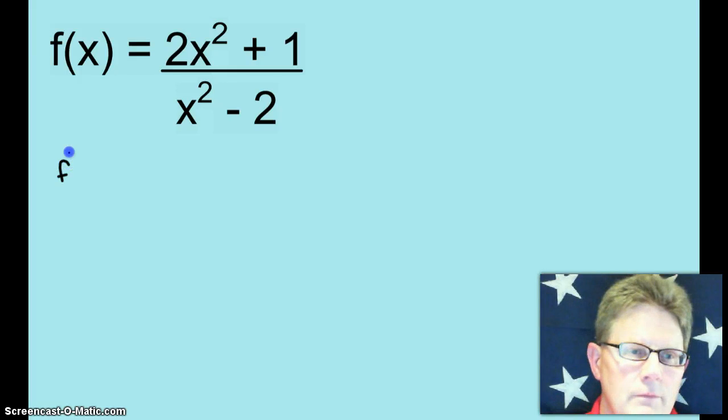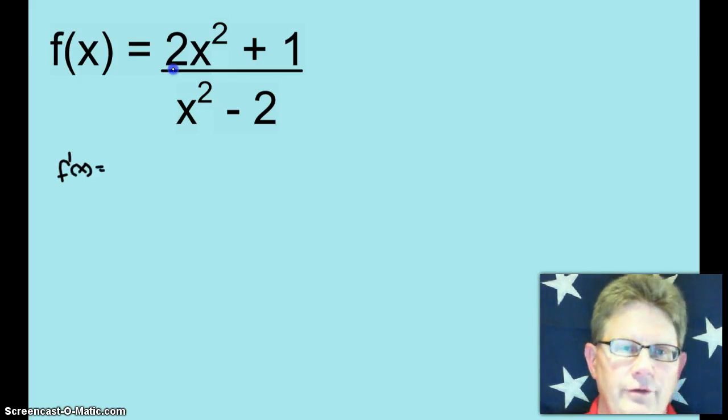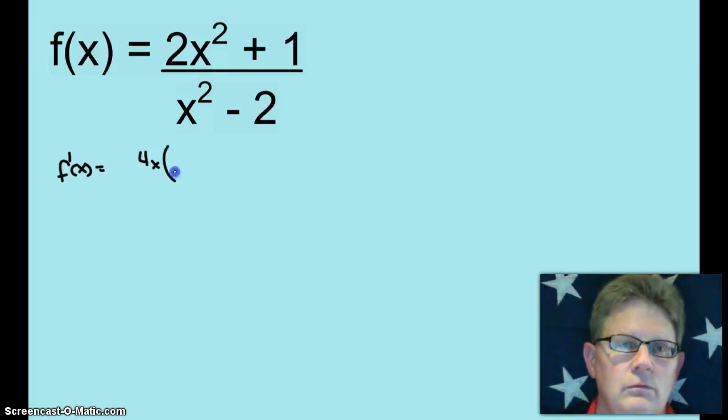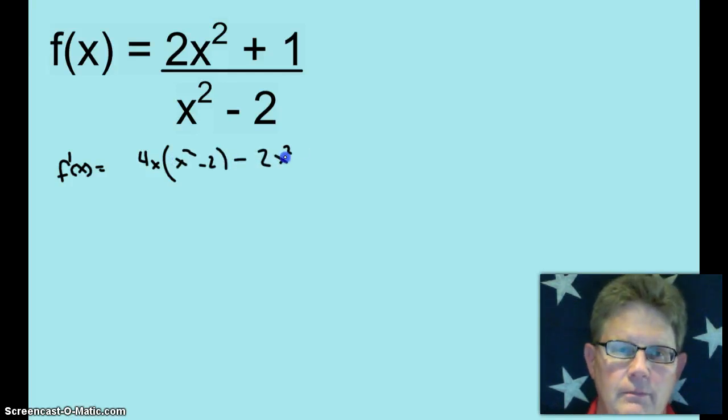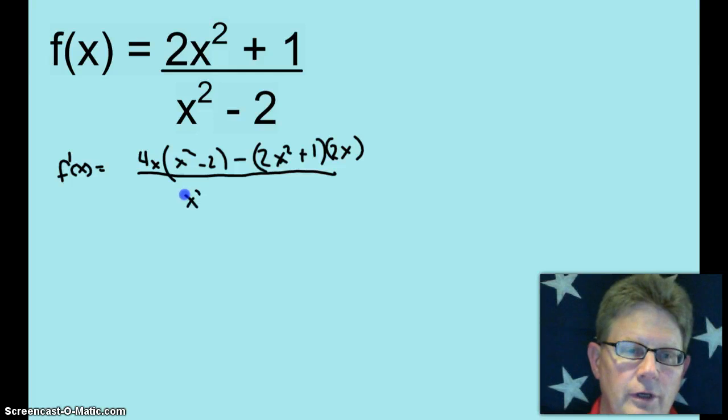So, f prime of x equals the derivative of the numerator, 4x, times x squared minus 2, minus the numerator times the derivative of the denominator, all over x squared minus 2 quantity squared. All right, so let's see here.